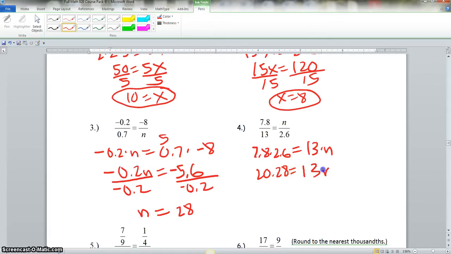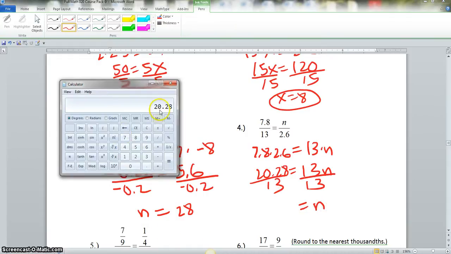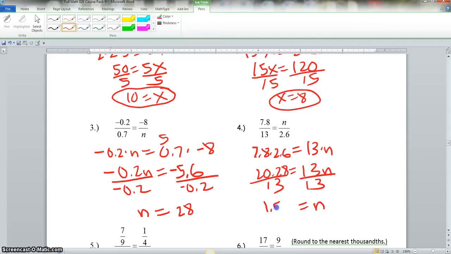And that equals 13n. We divide each side by 13. We know this side is n, and we could take our calculator. 20.28 divided by 13 gives us 1.56. So our final answer here is 1.56.